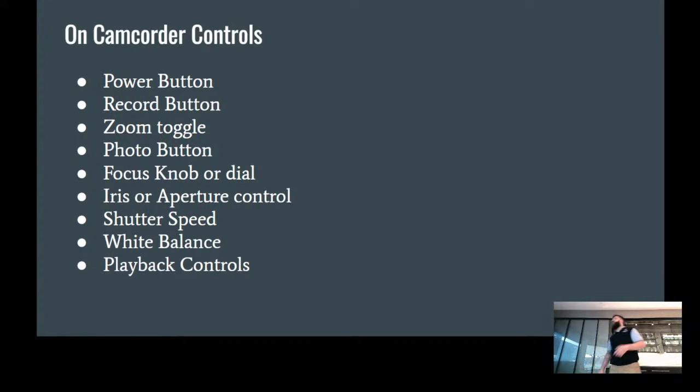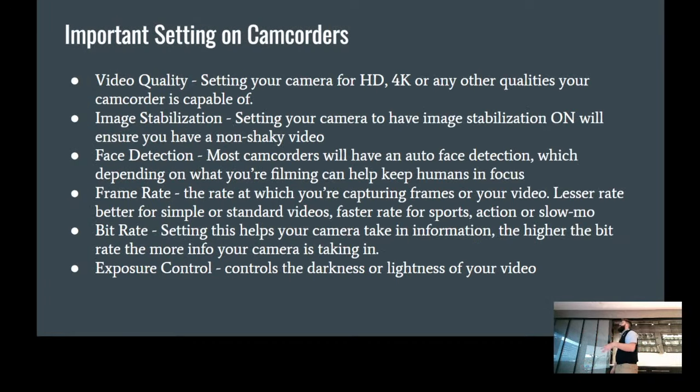Seems pretty straightforward and simple. Again, camcorders are meant to mimic cameras pretty similarly, if not spot on, minus the video features. But jump a little bit ahead, and these are the settings on the camcorder that really change from what you're looking at on a regular camera.